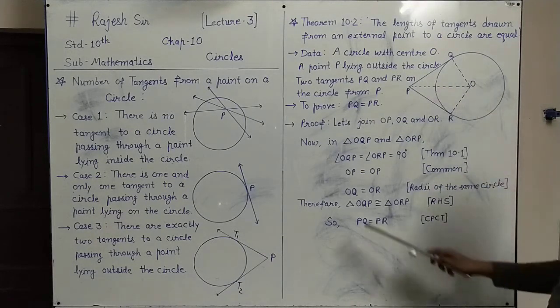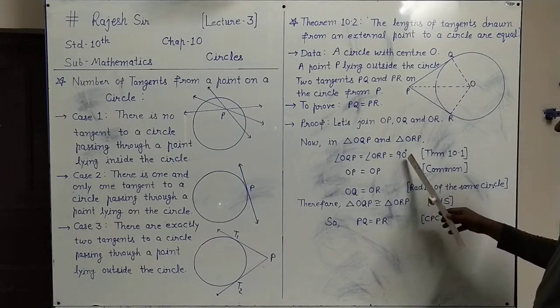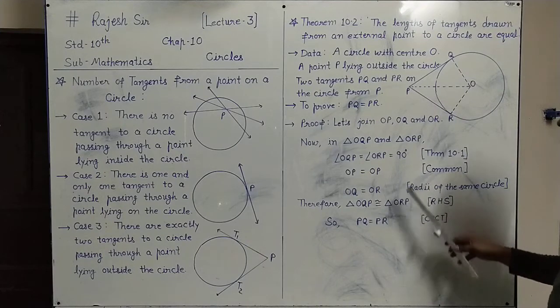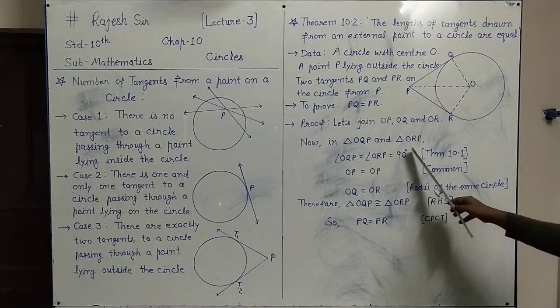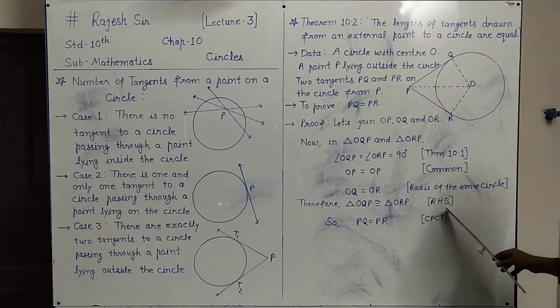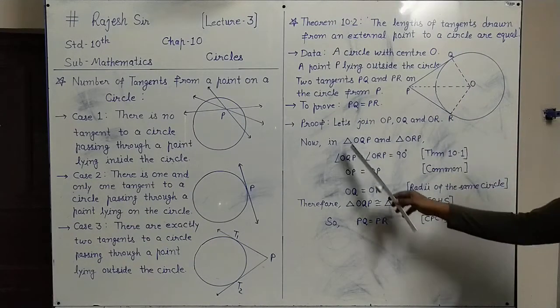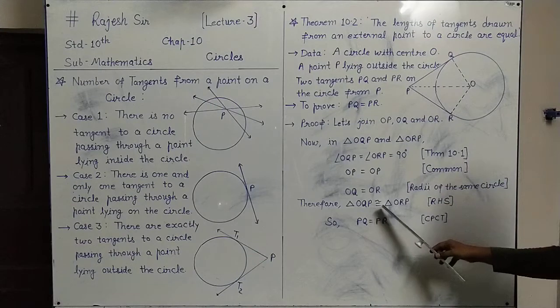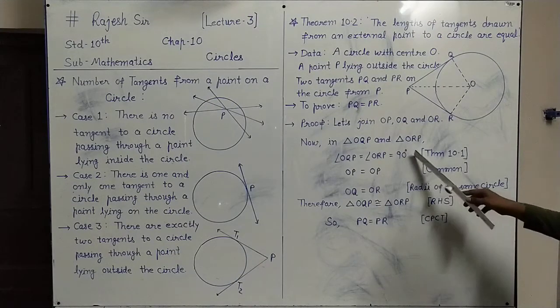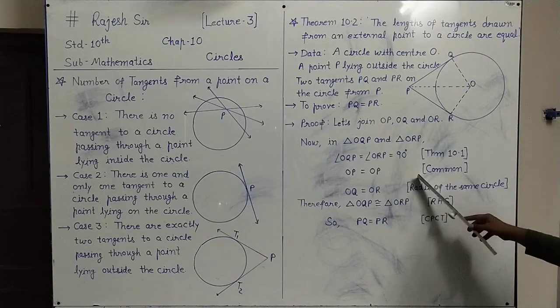One side is shown equal, OQ equals OR. So right angle equal, hypotenuse equal, and one side equal. So RHS, right angle, hypotenuse and side. By that rule, RHS, triangle OQP is congruent to triangle ORP because of RHS.